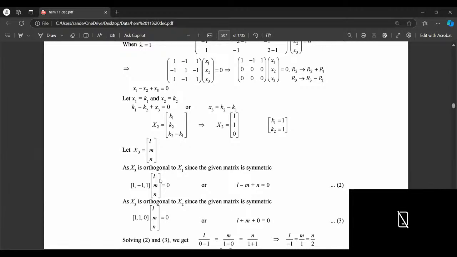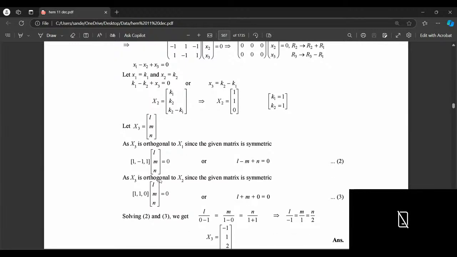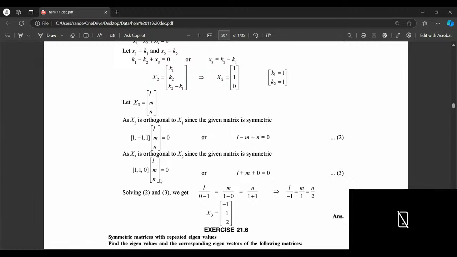Again these two, L - M + N equal to 0 and L + M + 0N equal to 0, we solve as simultaneous linear equations for L, M, N. We need to use Cramer's rule again, and you will get x3 is -1, 1, 2.